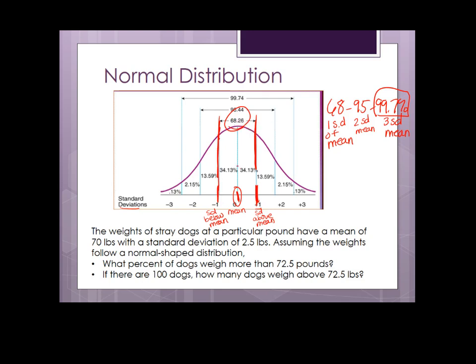And then this is perfectly symmetrical, so they just cut them in half. So half of 68 is 34. So that means 34% of the data is from the mean to 1 standard deviation below the mean. Also, 34% of the data is from the mean to 1 standard deviation above the mean.